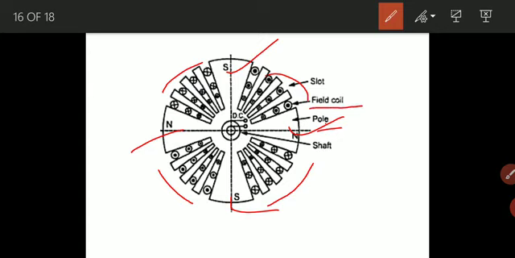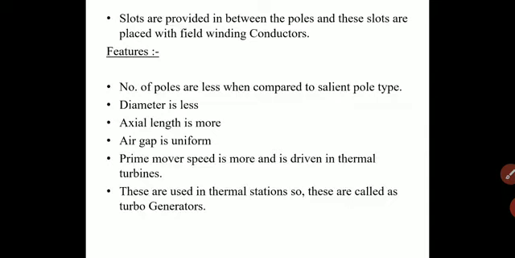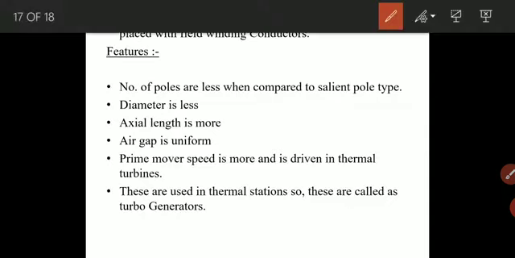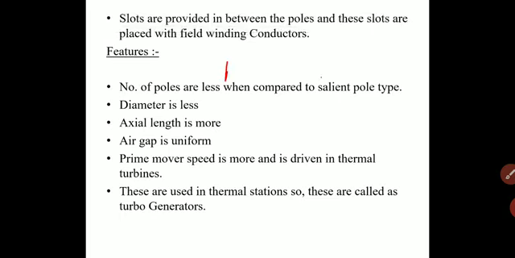So in the case of the cylindrical type, slots are provided in between the poles, and these slots are filled with field winding conductors.